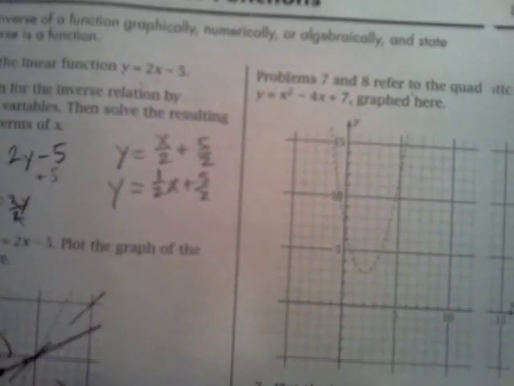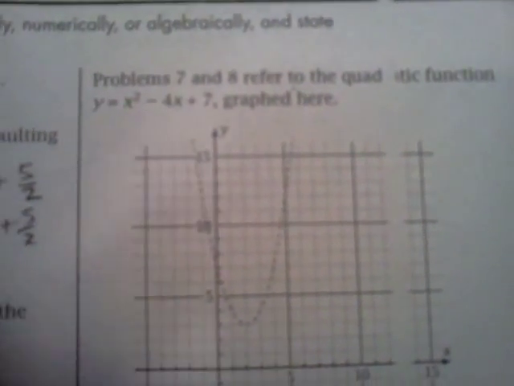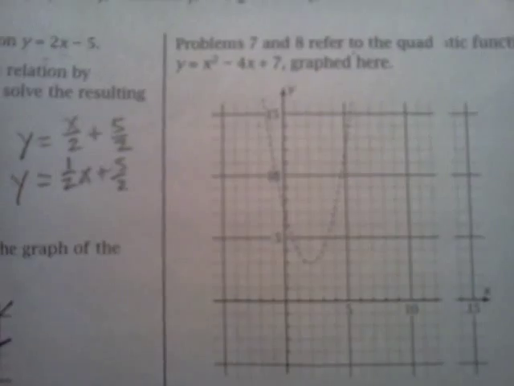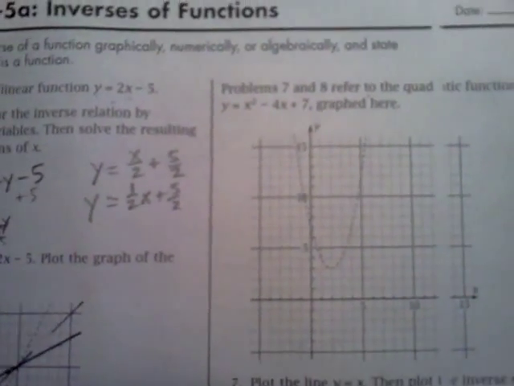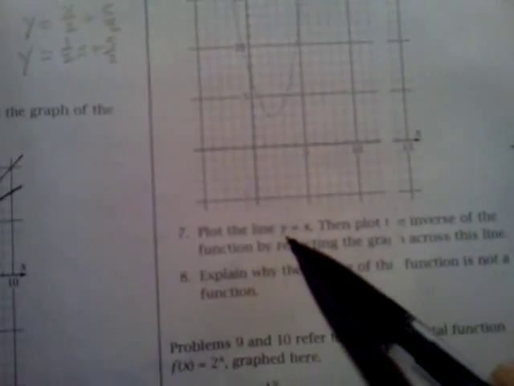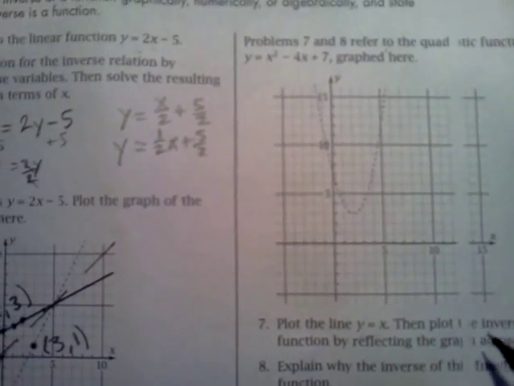So then on this parabola that's given to us over here, we can graph the line y is equal to x again, and then we'll graph the inverse function. So go ahead and graph the line y is equal to x, and I'll show you a trick.